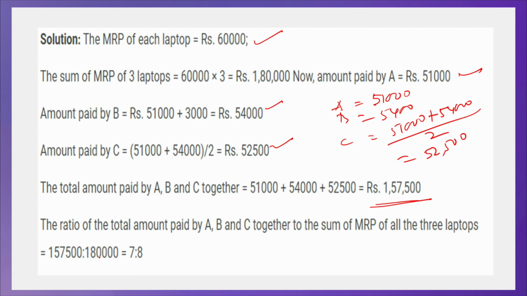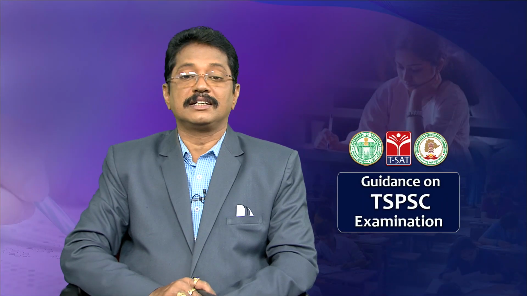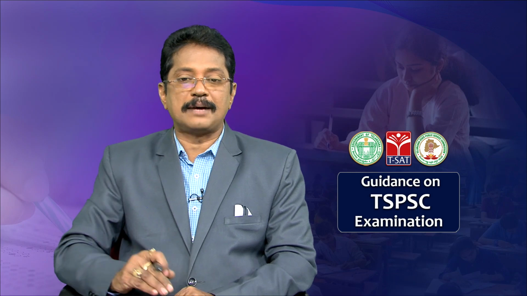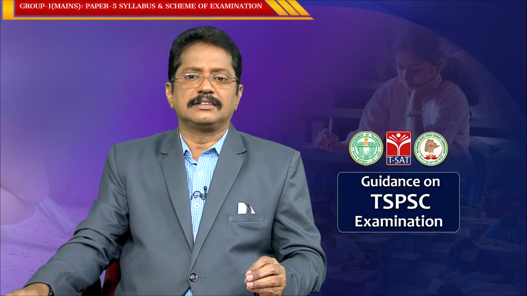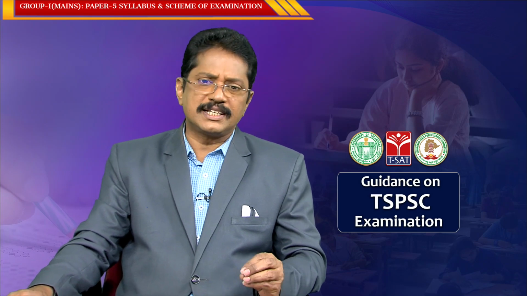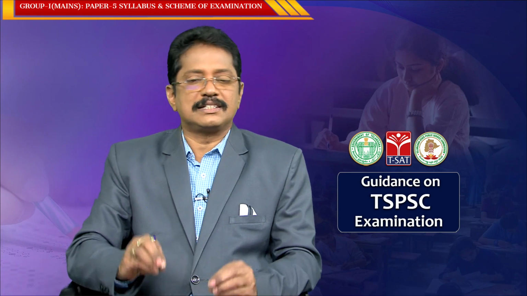So, 1,57,500 to 1,80,000, simply we can say it is 7:8. So, the ratio between the amount paid by A, B, C and the total MRP of the 3 laptops is 7:8. See how simple. So, definitely data interpretation is a very simple concept, problem solving is also a very simple concept.